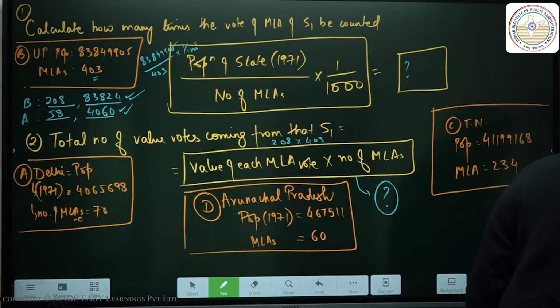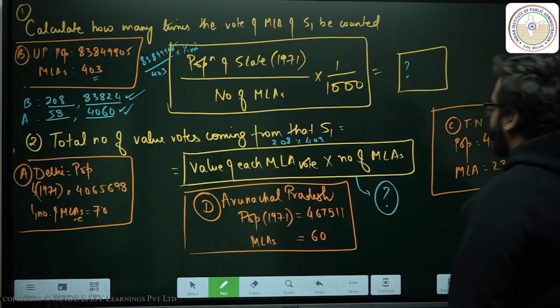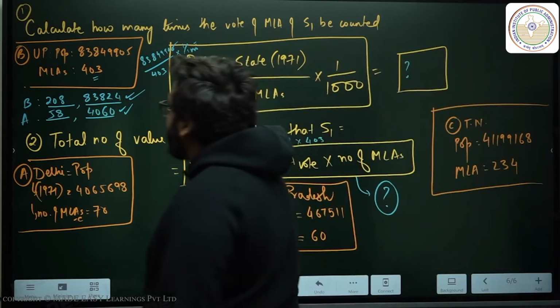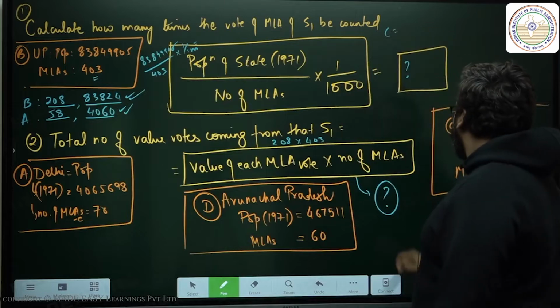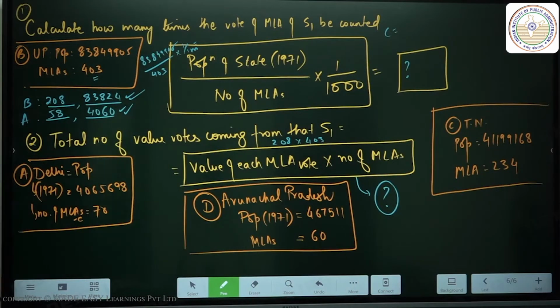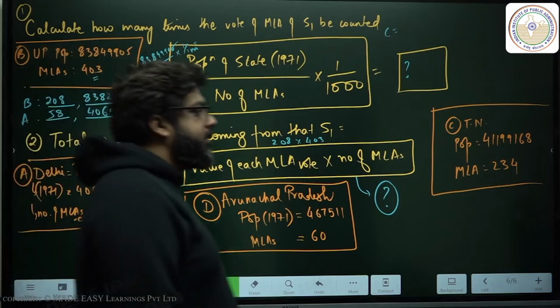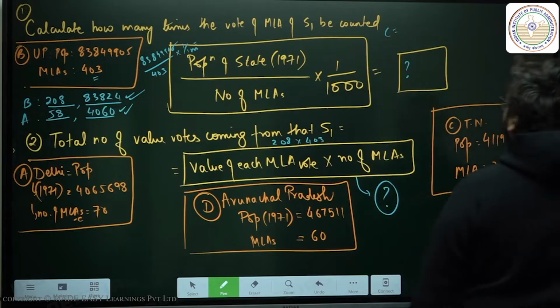Very good. Excellent. Similarly, for C, which is Tamil Nadu, Tamil Nadu's each MLA's vote will be counted 176 times.